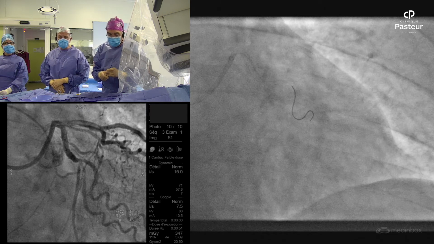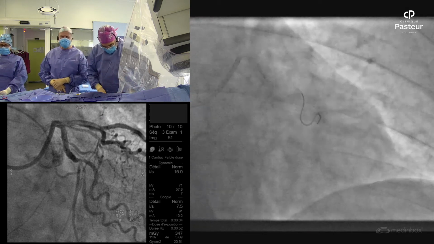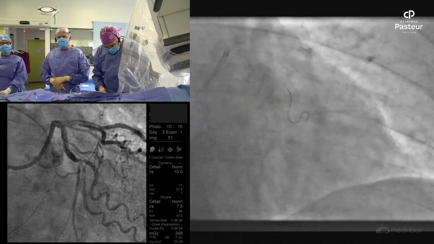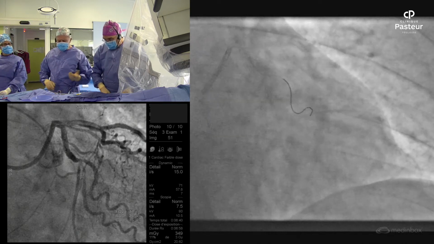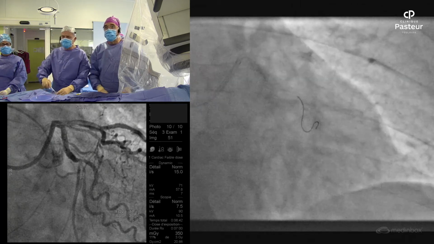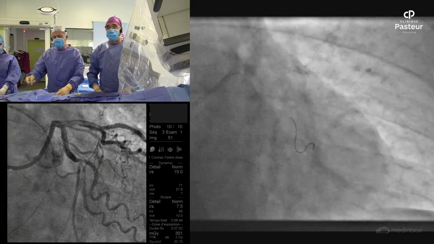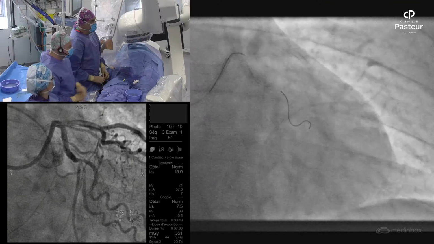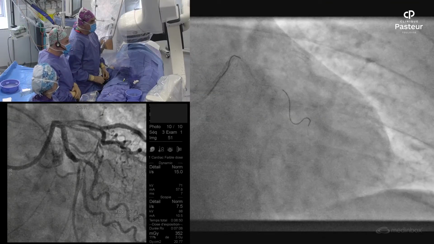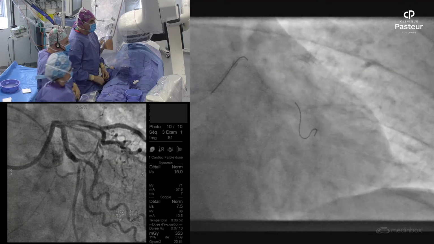Because if we have to recross with the stent in the second marginal branch, it should be more difficult. I fully agree. But if we don't have the difficulty, we can do it differently, stenting the second marginal first. So now we will arrive at the ostium of the circumflex.